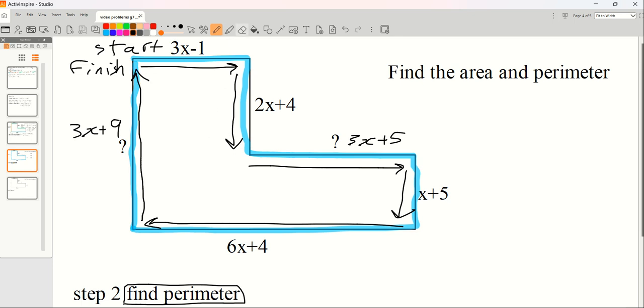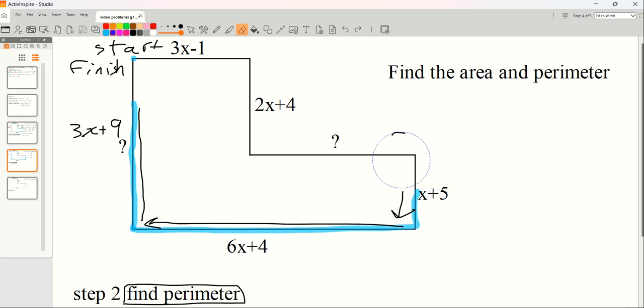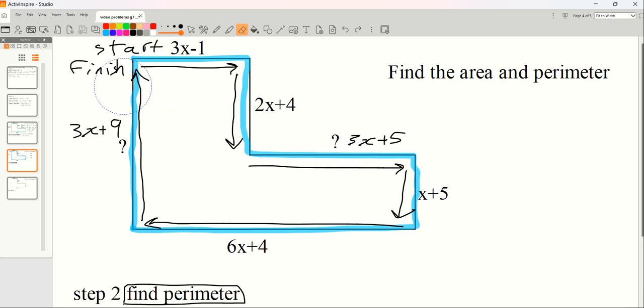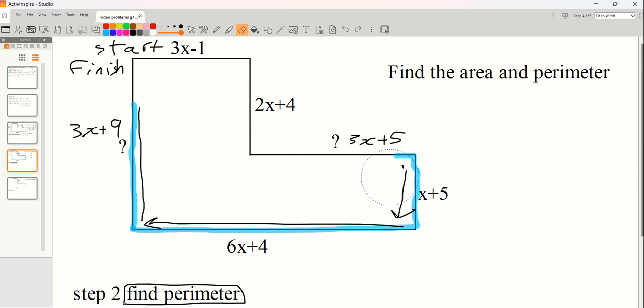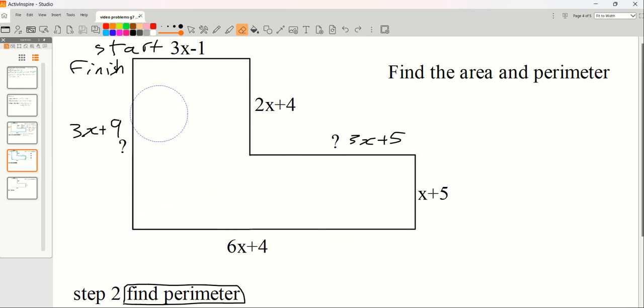Now, let's concentrate on the values which we are going to need, which are the measurements which we already found previously. To find the perimeter using those, we just add up all the values.